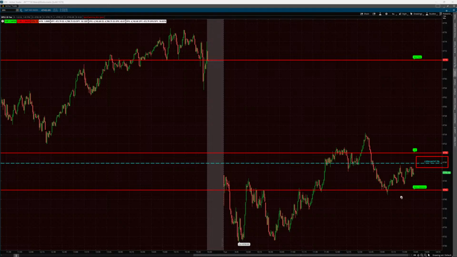And note this zero gamma level at 4742 acted as resistance earlier today, and then as support. And SPX is just below the lower daily expected move, also well below the volatility trigger at 4770.